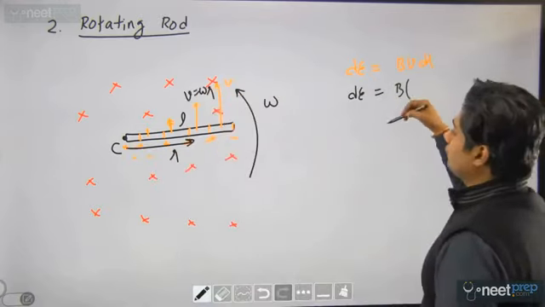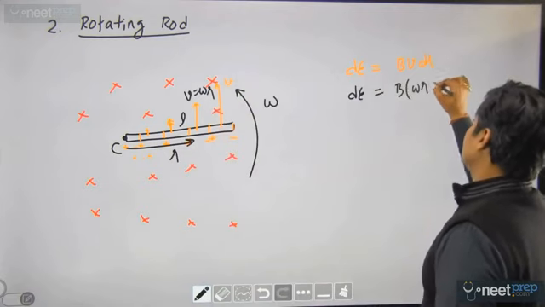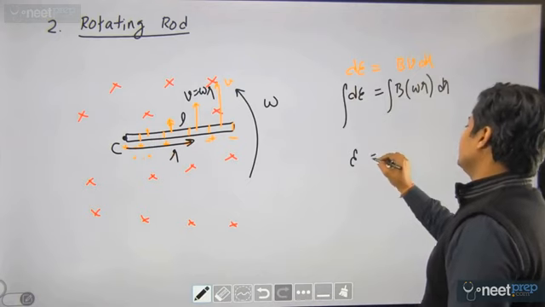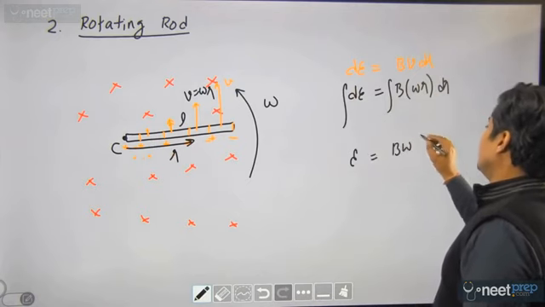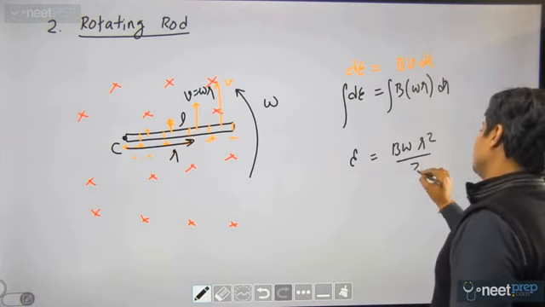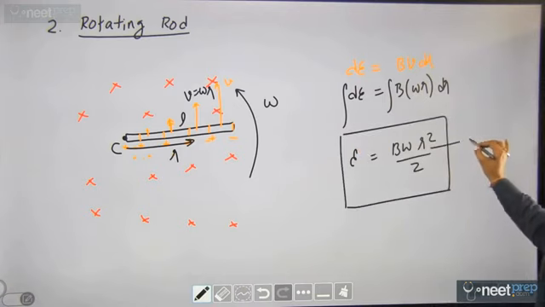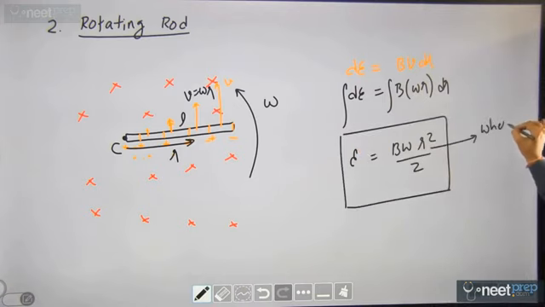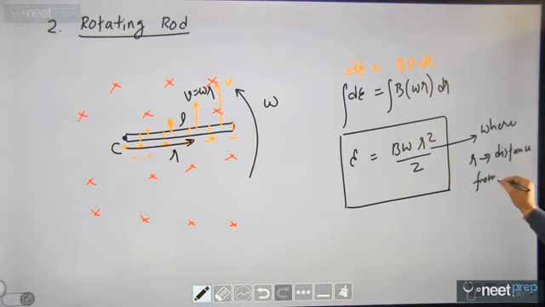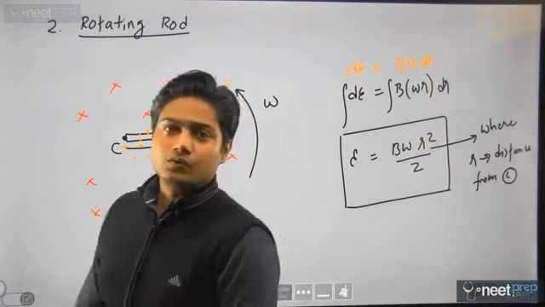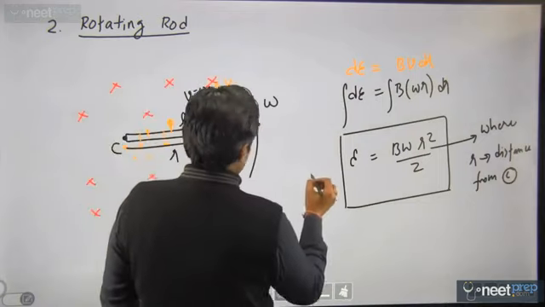So this will become B omega r dr. So integrate, EMF will become B omega r square by 2, where r is the distance from the center. Now you will remember this formula directly, B omega L square by 2.